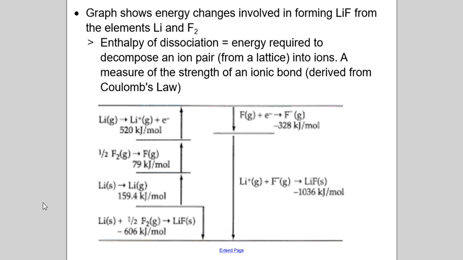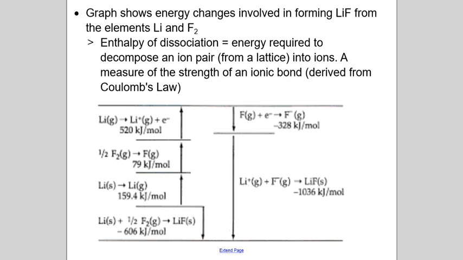Basically, we have this net overall change. Lithium solid becomes lithium gas. Fluorine gas needs to break up to make fluorine atoms, not F2. Lithium here needs to lose an electron. Fluorine needs to gain that electron, and then they need to attract each other.